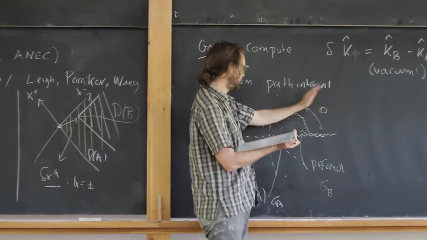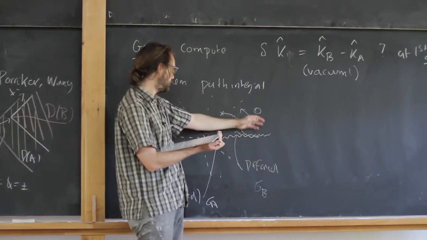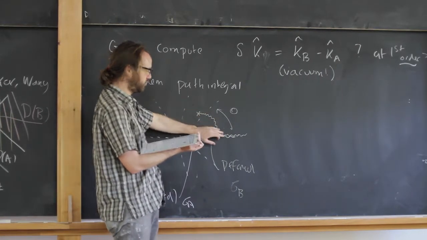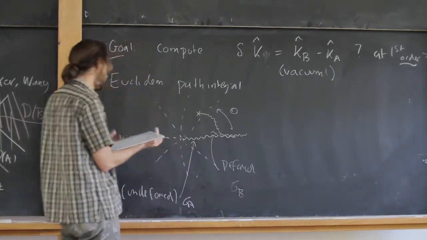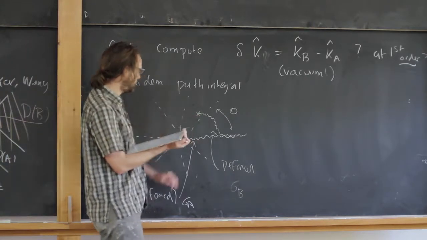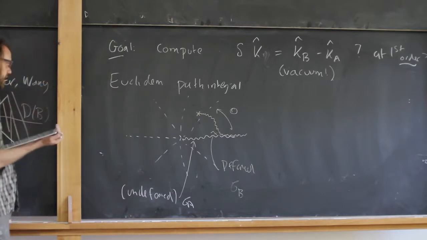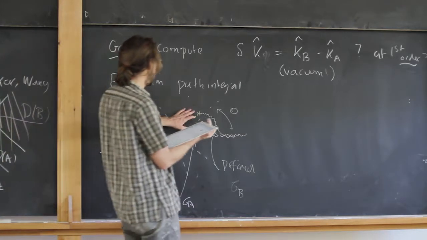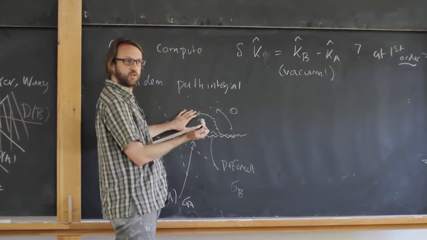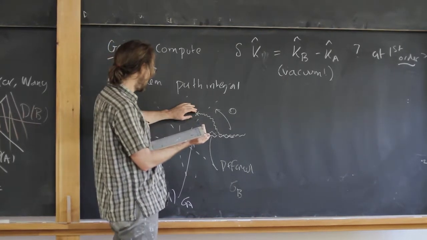In principle, this is enough. We just need to do the path integral on this plane with some funny boundary conditions on this moving cut here, and if we can do that, then we can compute the density matrix. It's not very convenient to work in this picture. Rather, you can pick a different coordinate system for the deformed region such that there is no deformation.